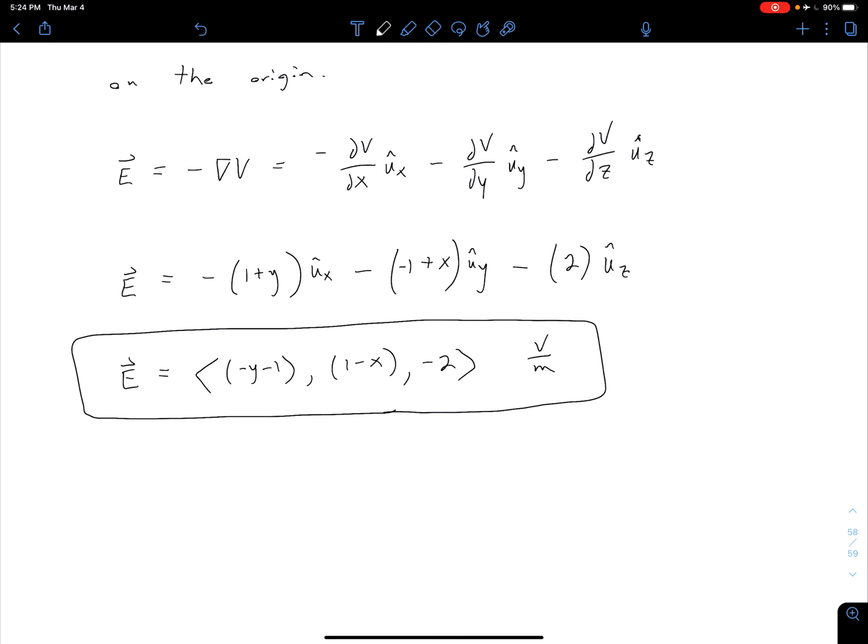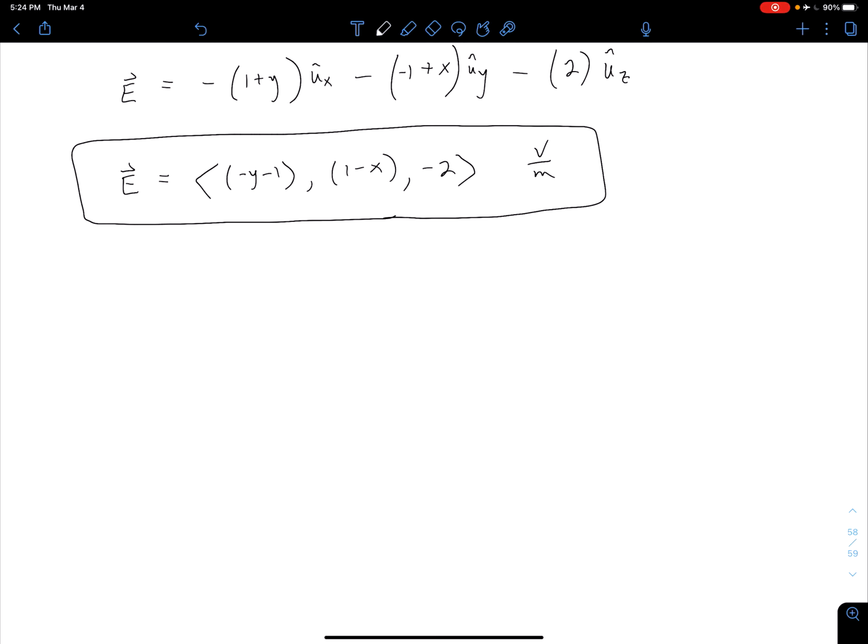So there is our electric field expression. Now we want to find the energy in that cube with sides of 2 meters centered on the origin. So we go back to our equation from the previous video. The energy in the system is equal to 1/2, and I'm going to pull out that epsilon naught because it's just a constant, times the integral over the volume of the magnitude of our electric field squared times our differential volume.